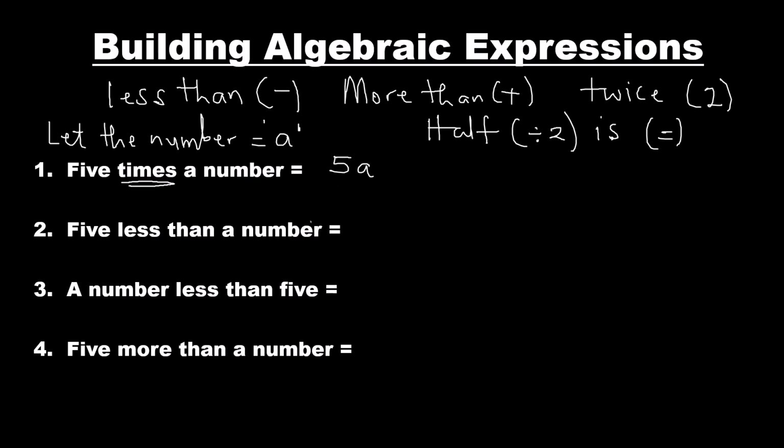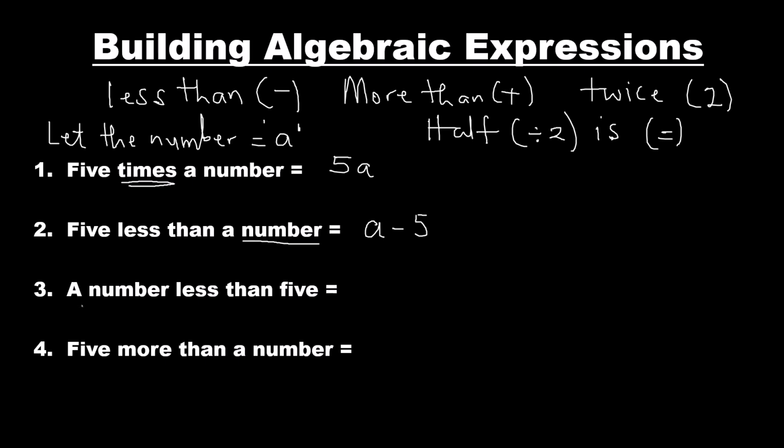The next one is 5 less than a number. That means the number minus 5. This is so important: 5 less than a number is the number minus 5.